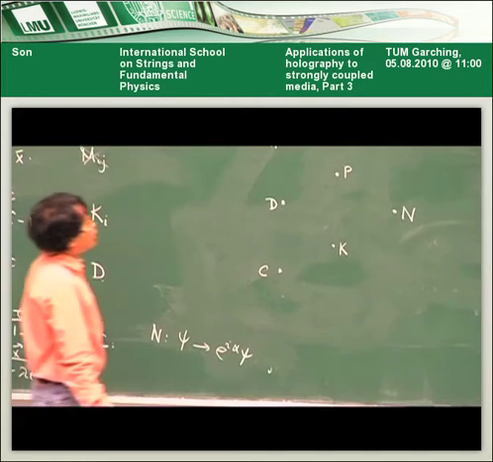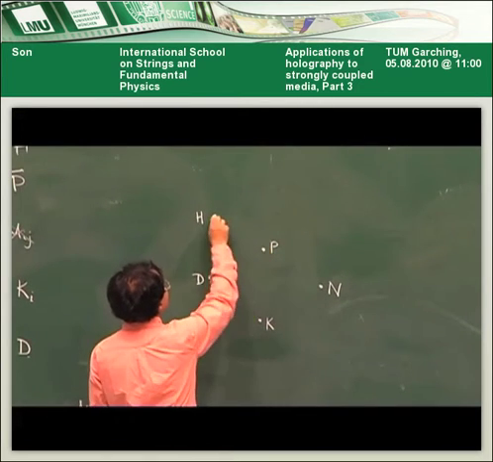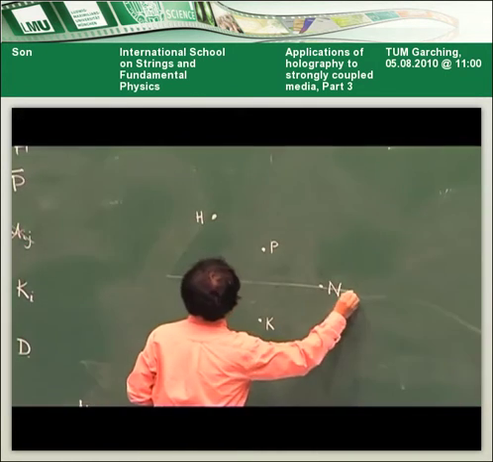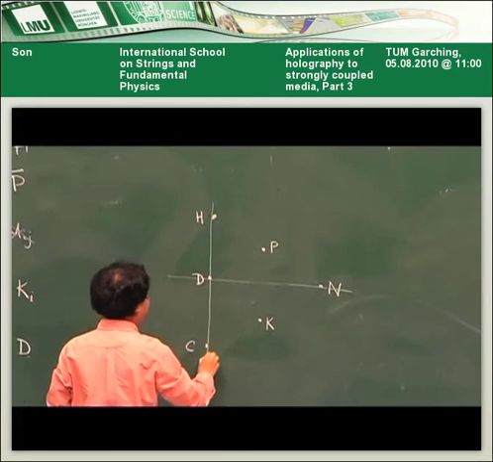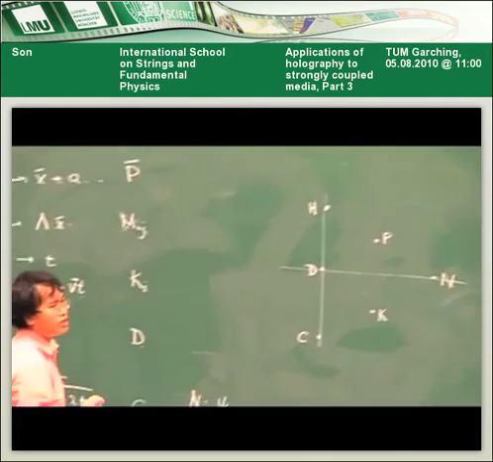Okay, so here I have all the remaining operators except this M_ij drawn here. And let me tell you how the commutator works.